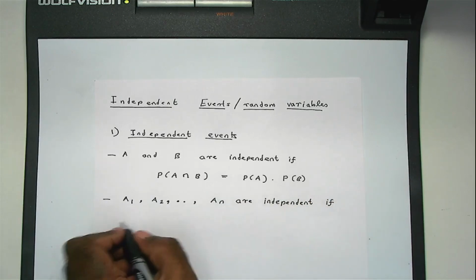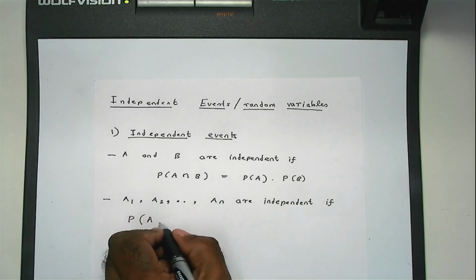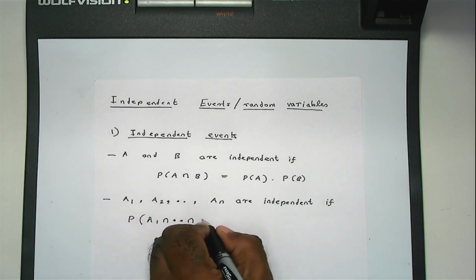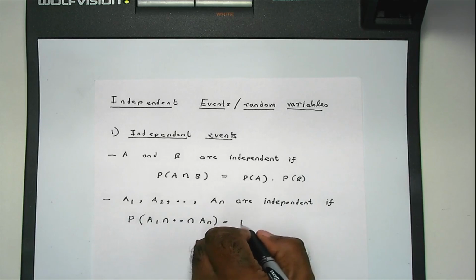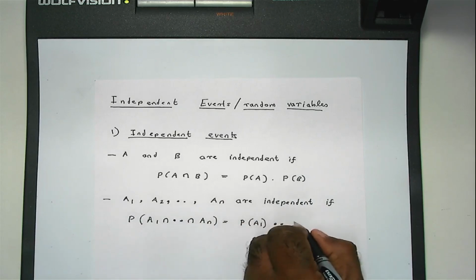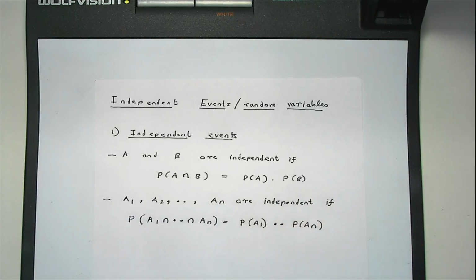The probability of the intersection of the n events is equal to the product of the probabilities. Okay. These two are to do with independence of events.